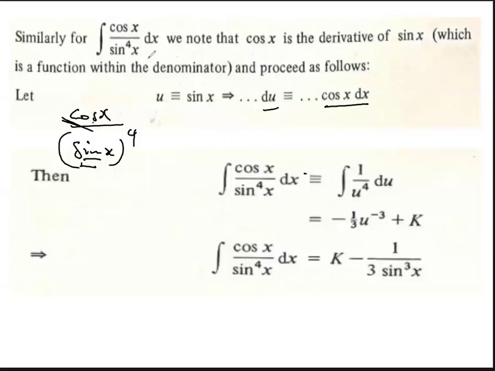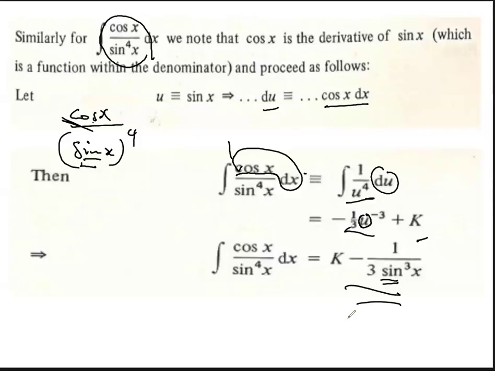So we're writing back this function here in terms of u now. So this here matches up du, and 1 over sine x to the 4th power is u to the 4. And you integrate that, you get that, plus your k. And then you replace back u with sine x, and you will get that.